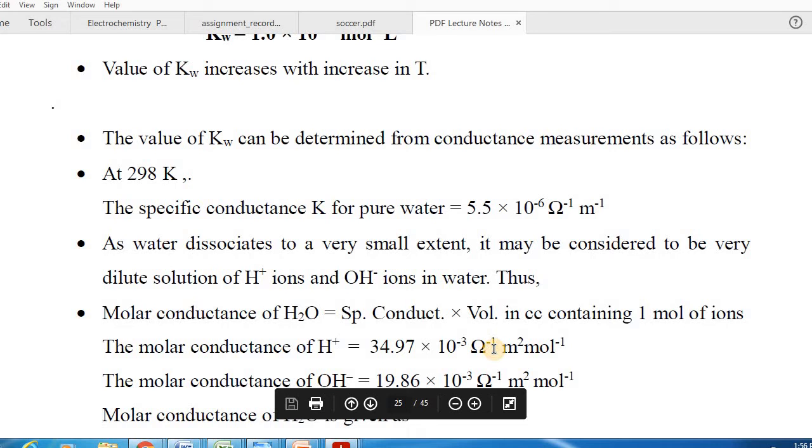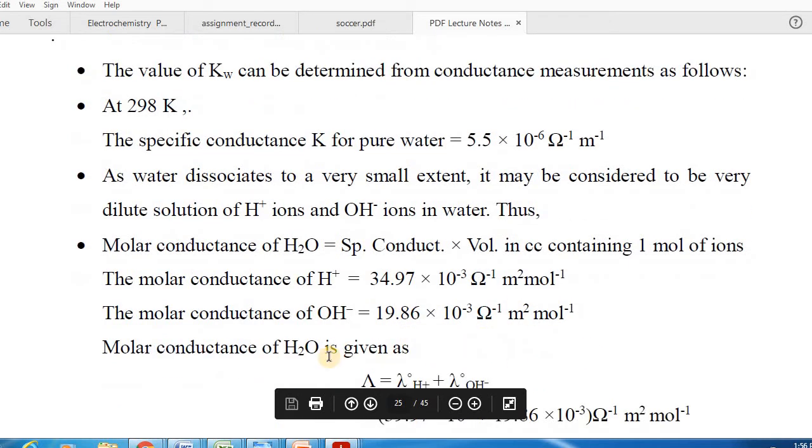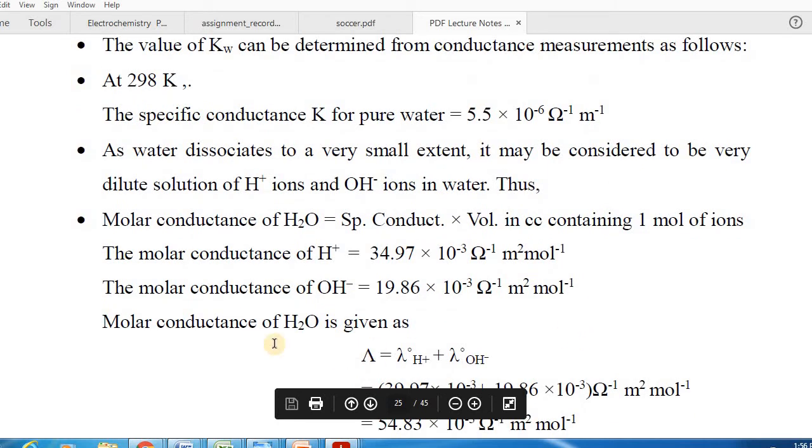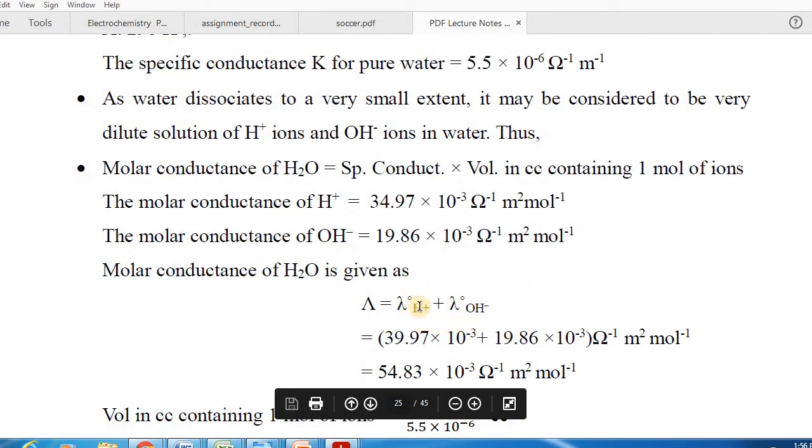Now the molar conductance of H plus ion and OH minus ion we already know from the strong electrolytes. Now please note that these conductances are the conductance at infinite dilution. So the molar conductance of water can be given as a summation of ionic conductances of cation and anion. So we are having here total molar conductance of water, that is equal to summation of lambda naught H plus and lambda naught OH negative.